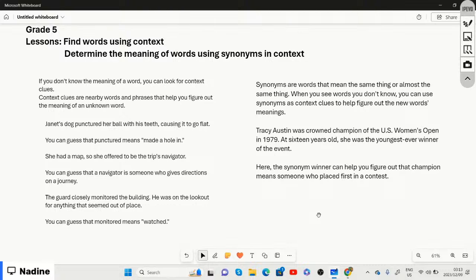So we said Tracy Austin was crowned champion of the US Women's Open in 1979, and at 16 years old, she was the youngest ever winner of the event.